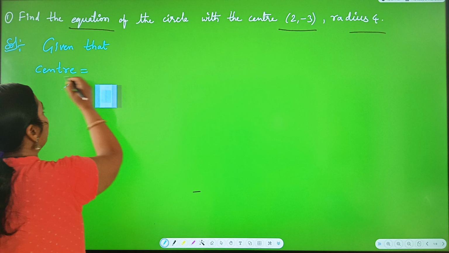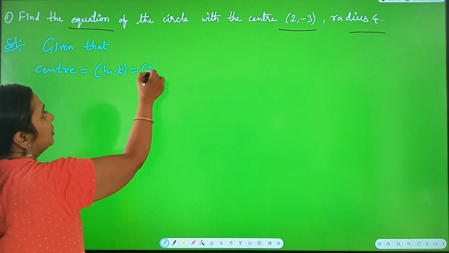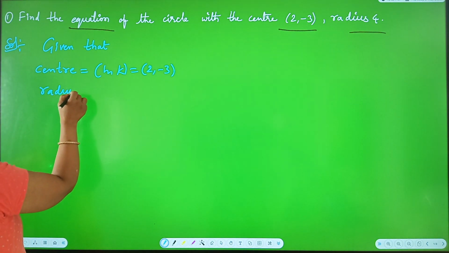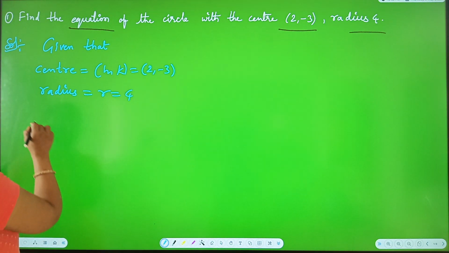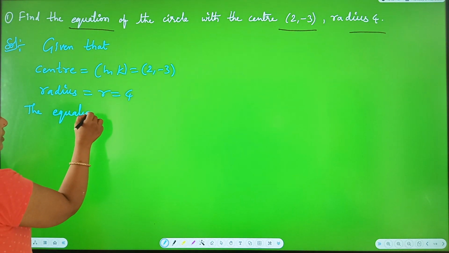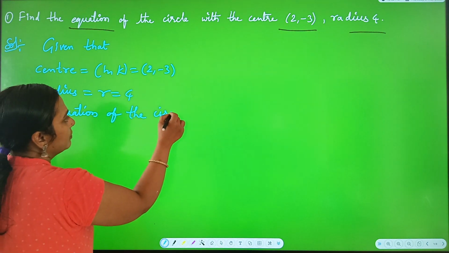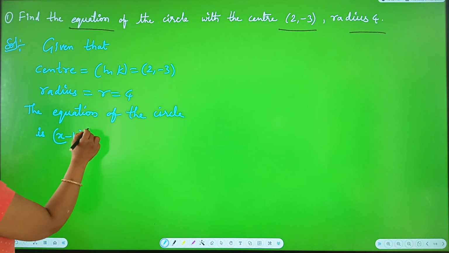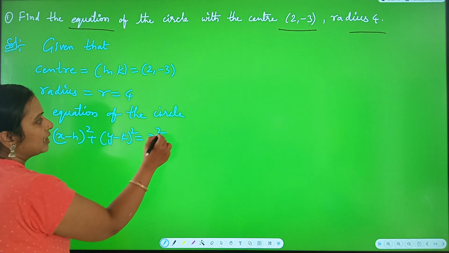So now we take center (h, k) equal to (2, -3). Radius, small r, is equal to 4. What is the required equation of the circle? The equation of the circle is (x minus h) whole square plus (y minus k) whole square equal to r square.